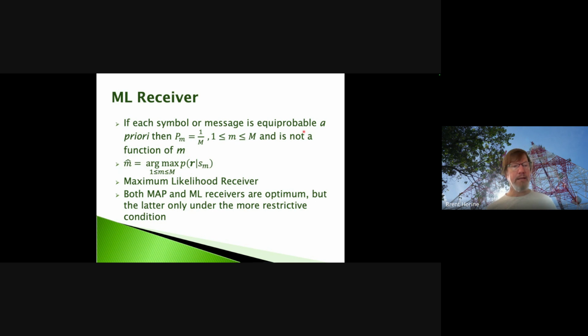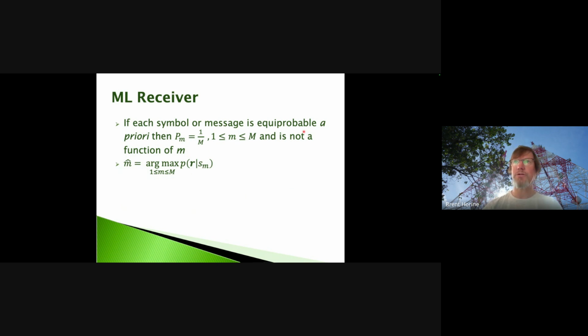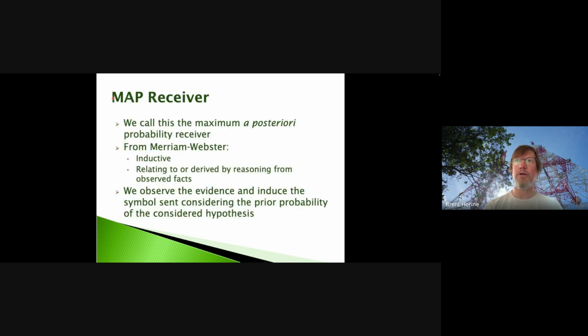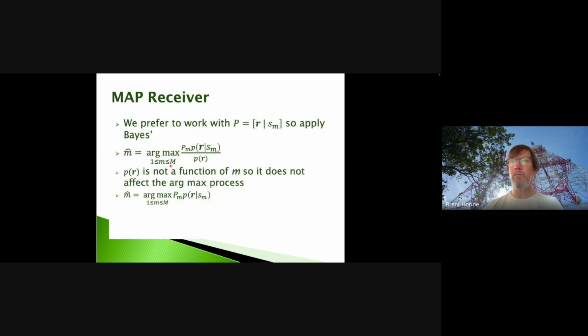If you can't know in advance or can't prove that the symbols are going to be equiprobable, then you should implement a MAP receiver. And when you do that, you need to make some estimates of the probability of which symbol was actually sent.